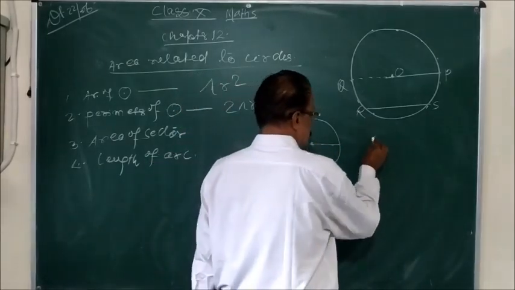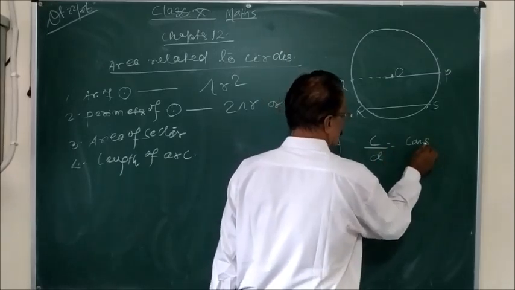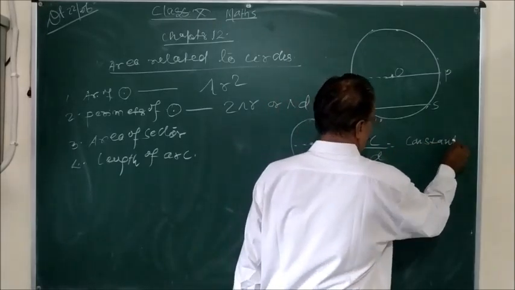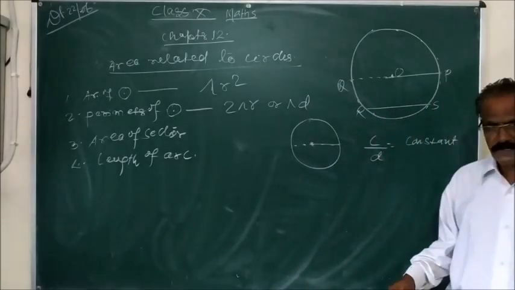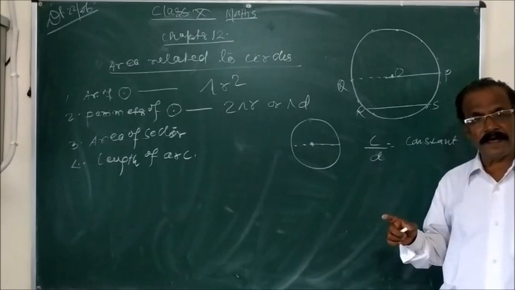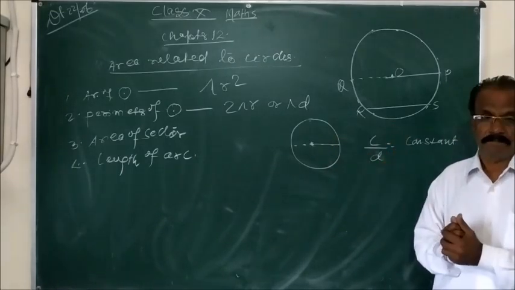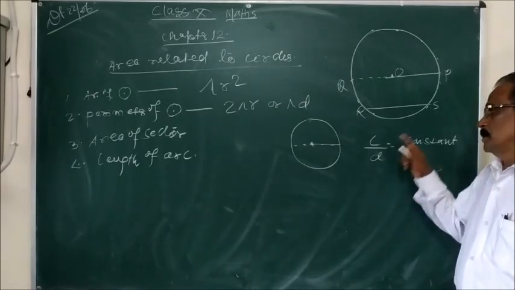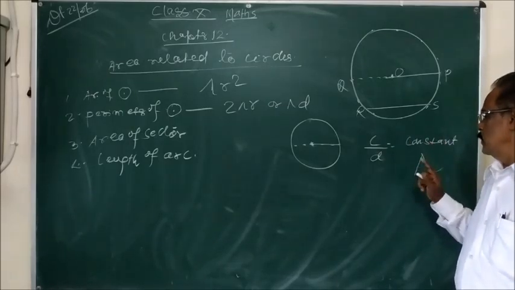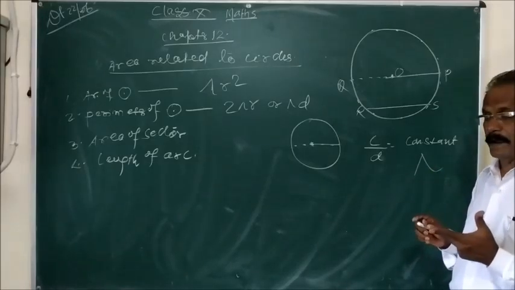This means C by D is equal to a constant. Now understand, the ratio of circumference and diameter for all circles is a constant term, and this term is denoted by pi. The value of pi is an irrational number.